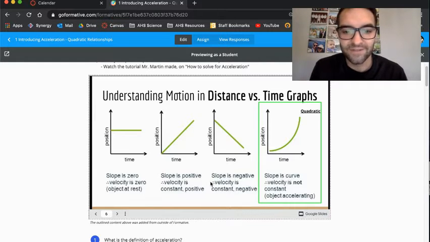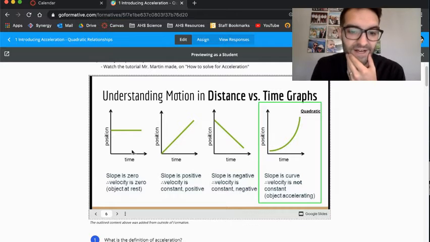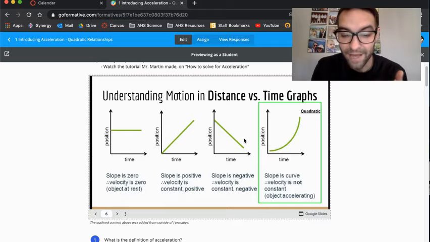When looking at the motion graphs, depending on what you're plotting and depending on what the scenario is, it's going to look different. But we see here, these are three examples of linear patterns. So the slope is zero, which means the velocity in this scenario is zero. And if the velocity is zero, then that means the object is not moving, it's sitting still.